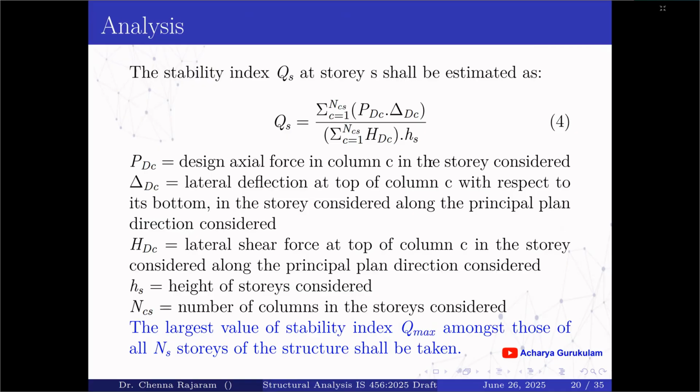H_DC is the lateral shear force at the top of column C in the story considered along the principal plane directions considered. H_S is the height of the story considered, and N_CS is the number of columns in the story considered. The same stability index equation is given in IS 456:2000 in the appendix.